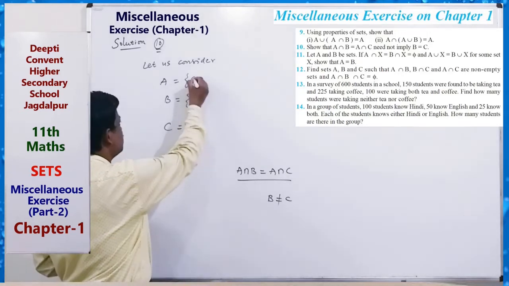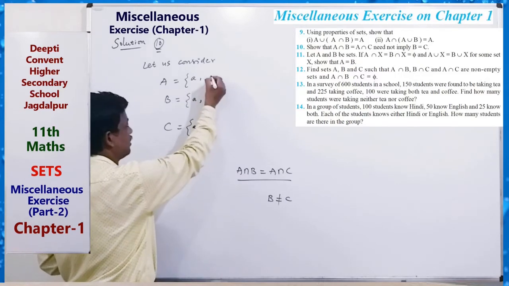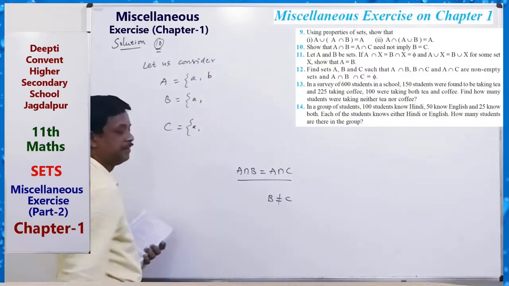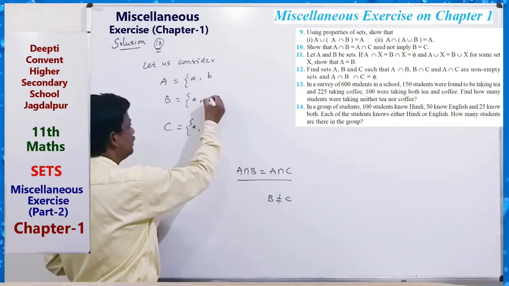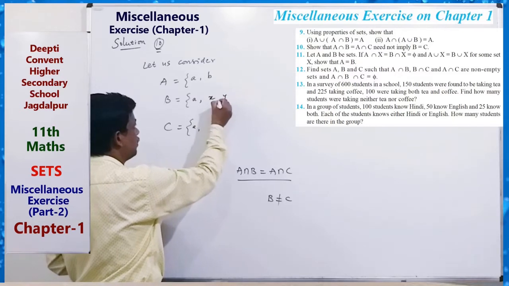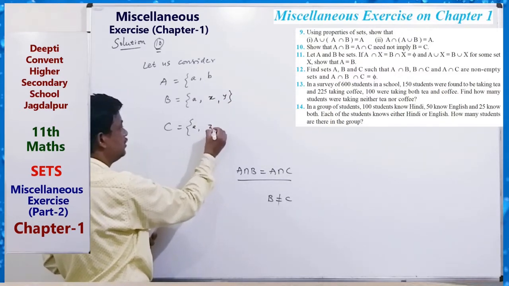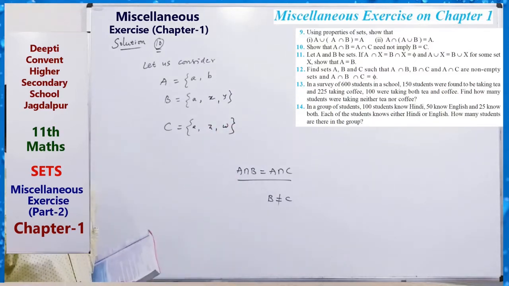So suppose all contains A, and here B, and X, Y, and Z, W. Suppose we consider a set like this.